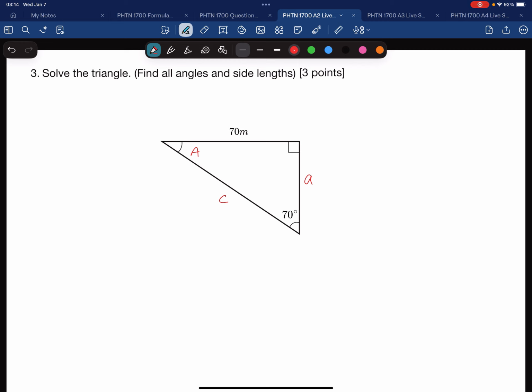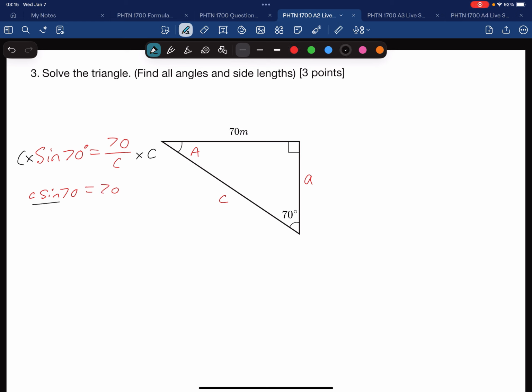Why not? I'll use sine. The sine of 70 degrees is going to be equal to the opposite, in which case this is 70, over C. I'm going to multiply both sides by C. So I get C sine 70 equals 70.